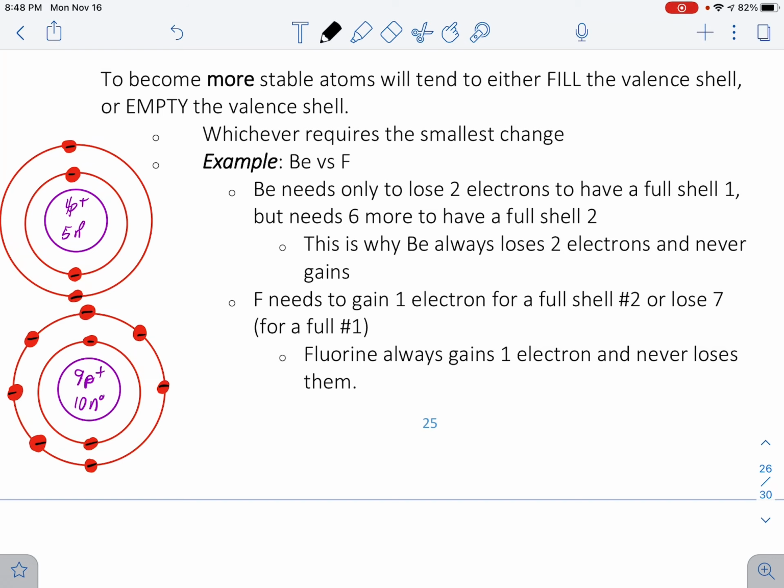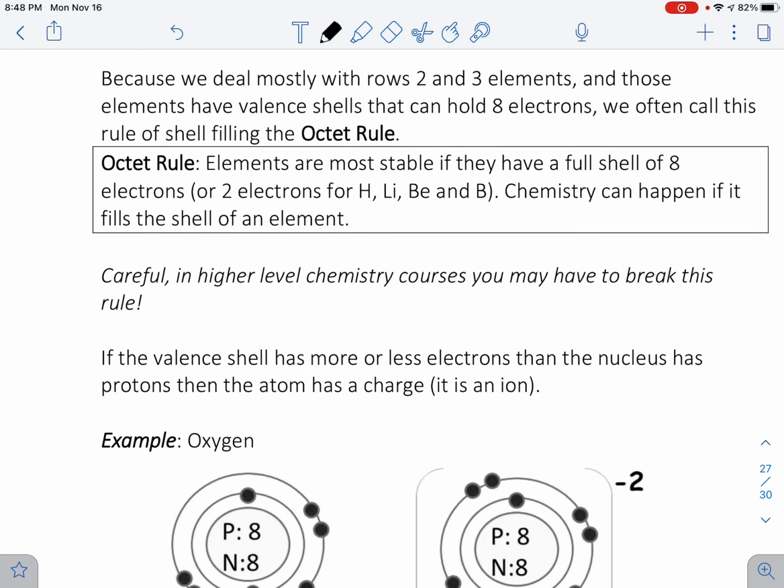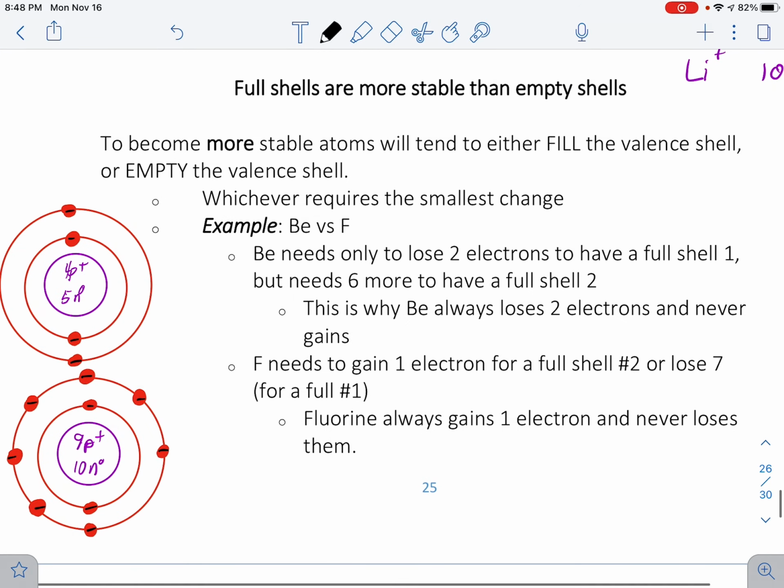So beryllium, in order to get a full valence shell, we have a full shell right here. So this shell is full, right? Or if I added 6 more electrons, I could fill in 1, 2, 3, 4, 5, 6.